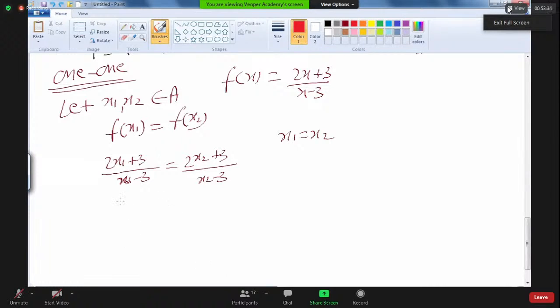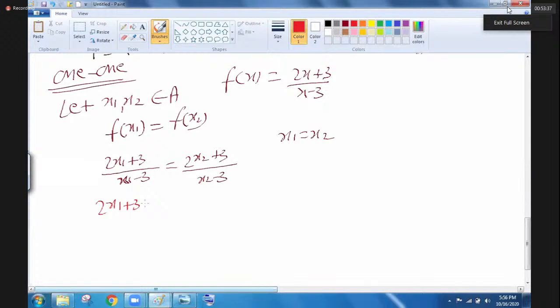Some of you did it. Some of you are getting confused, so let me do it. (2x1 + 3)/(x1 - 3) = (2x2 + 3)/(x2 - 3). Cross multiplication: (2x1 + 3)(x2 - 3) = (2x2 + 3)(x1 - 3).